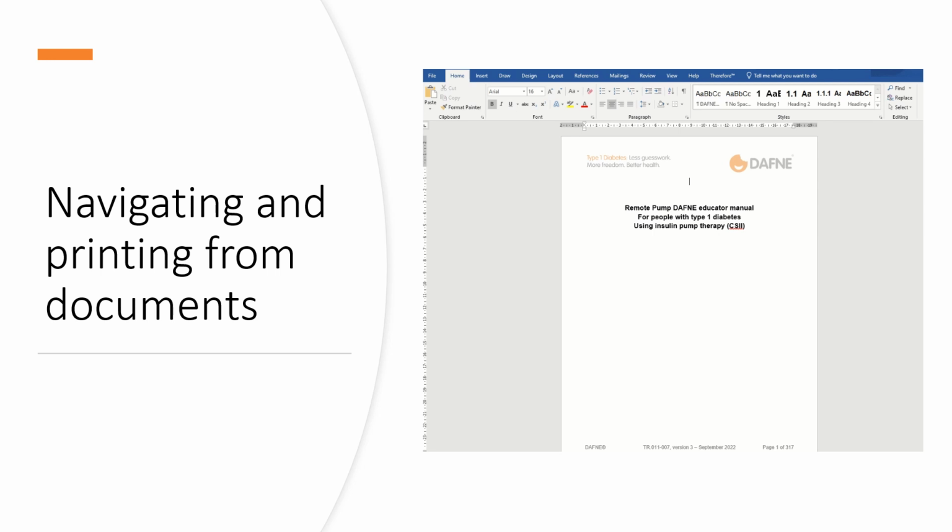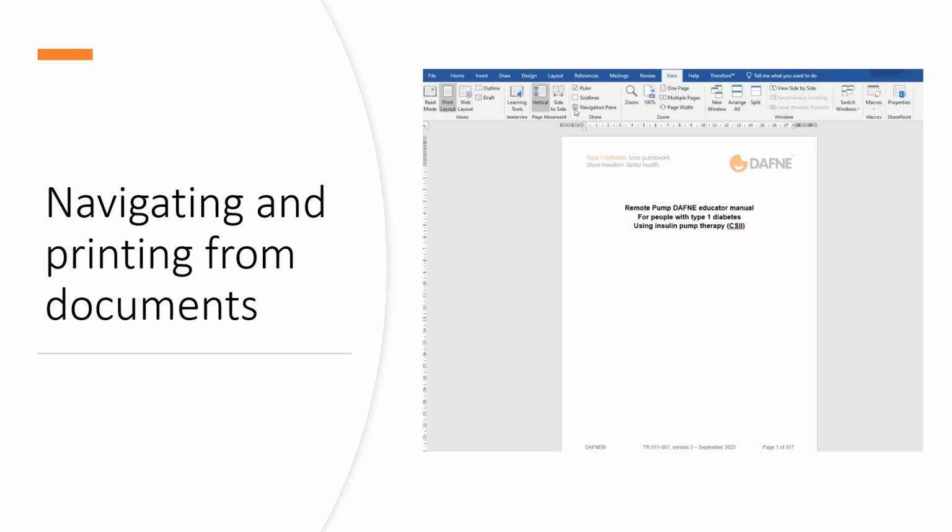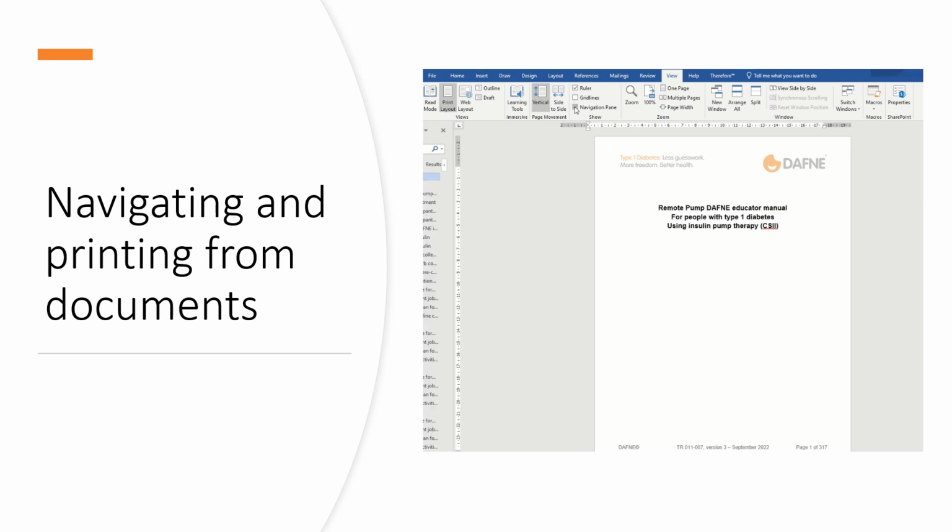The Educator Manual's quite a large document, and it can be tricky to find your way around and find the information that you're looking for. So here's some tips that may help you. Once you've opened the document in Word, click on View in your toolbar and then select Navigation pane.